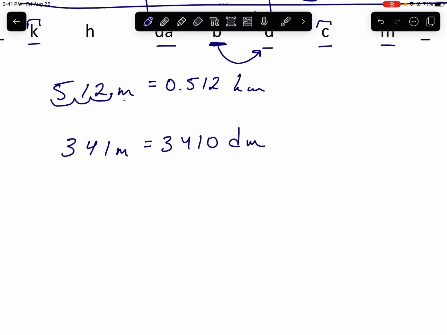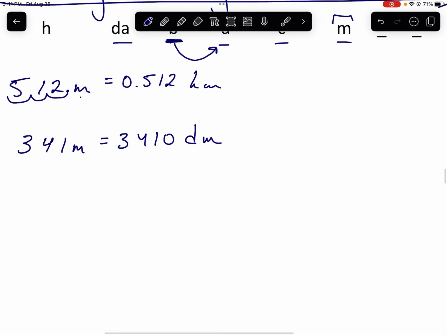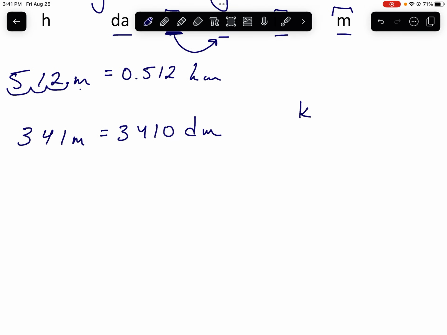We can just move things around with the decimals, or if it works better for you, you can take these and rewrite them: deci, centi, and milli. I'm going to base everything off of the base here. Let's go up first.